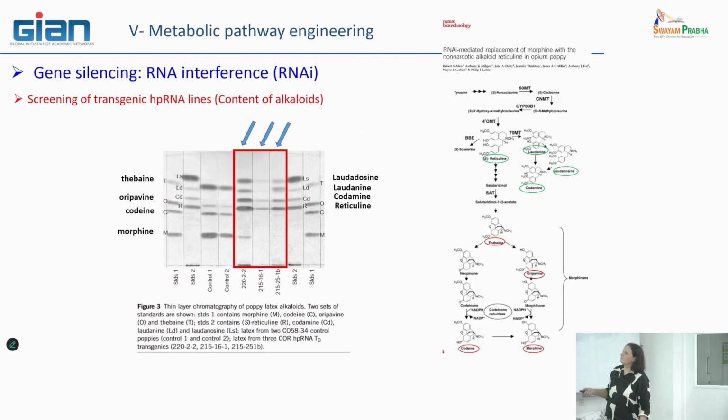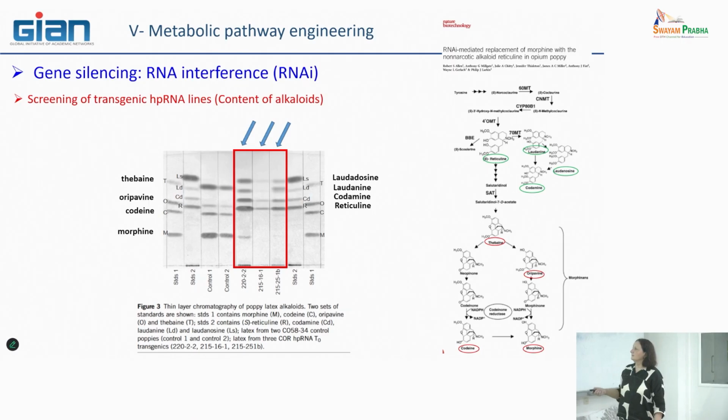And here you have 2 plants that have not been transformed, and you can see they are able to express all the last molecules, including a high amount of morphine, but it is not what we want to have, okay? And you can see here at least 3 lines that have been selected according to their ability to have a very low expression of the targeted genes, all of the isogenes.